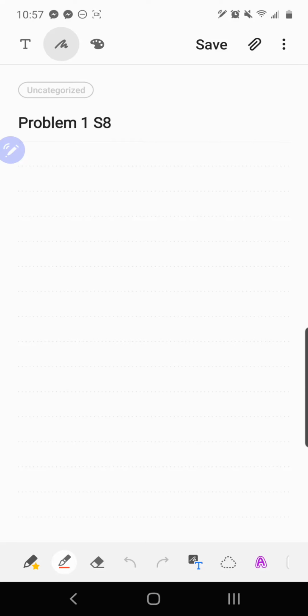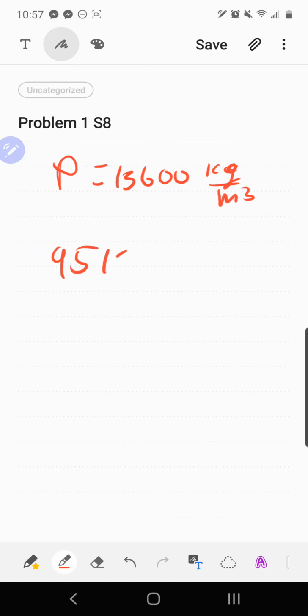Okay, we have a barometer that contains mercury with a density of 13,600 kilograms per meter cubed. We have atmospheric conditions, 95 kPa is our pressure.